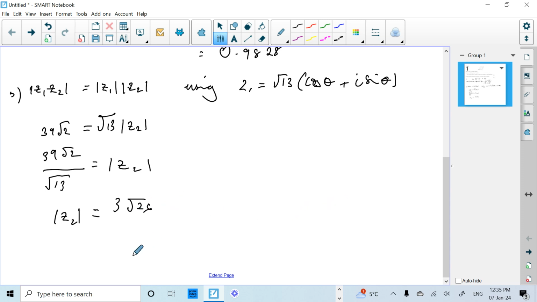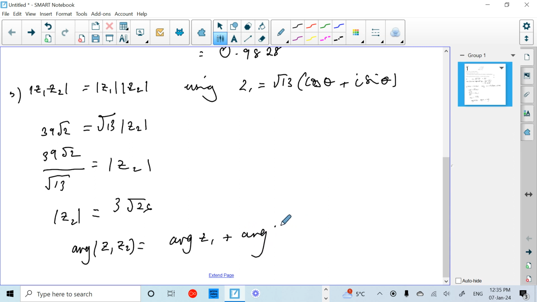Now we've got to go to the argument. The arg of z1 z2 is equal to arg z1 plus arg z2, and I should really write it in brackets.